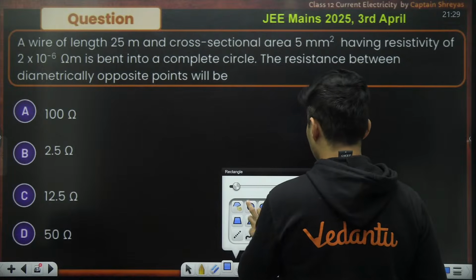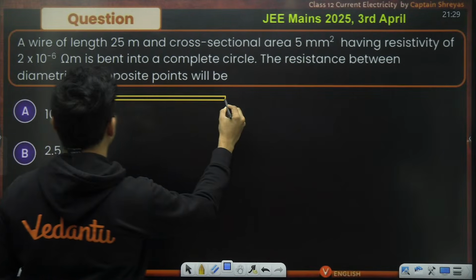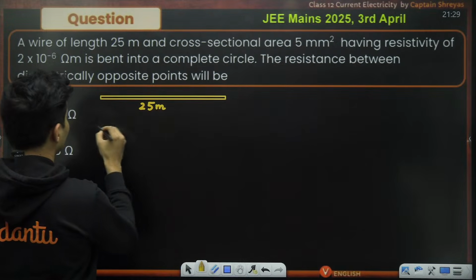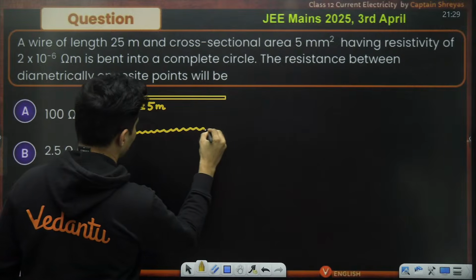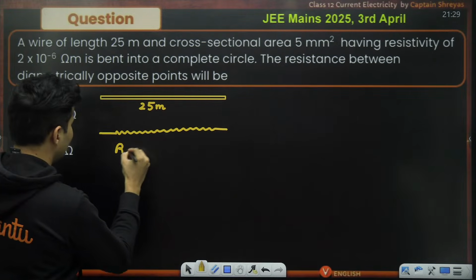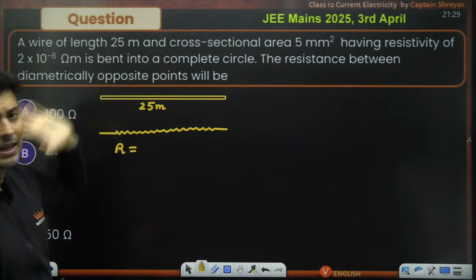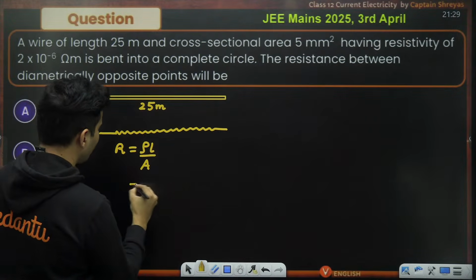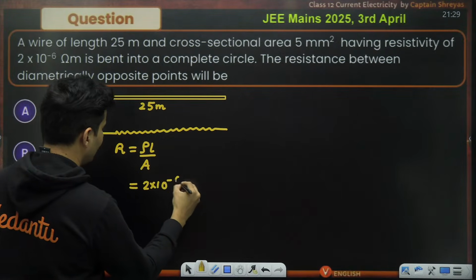Okay, first, let me consider that wire whose length is 25 meters. This is obviously a big resistance. How much will be that resistance? If resistivity is given, length is given, area is given, use the formula rho L by A. Resistivity is 2 into 10 to the power negative 6.